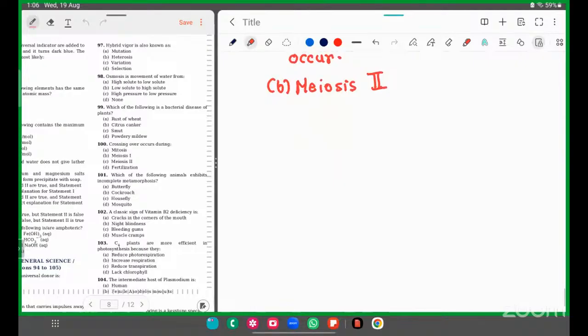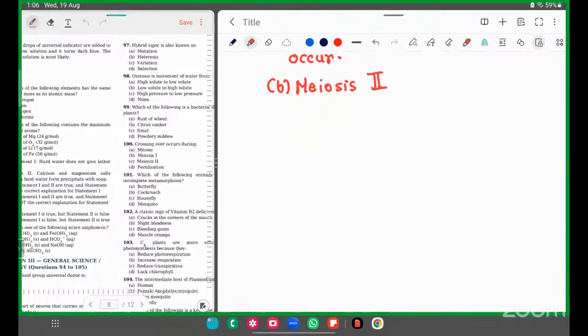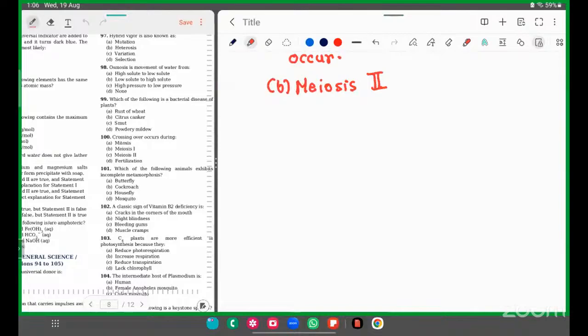Okay, coming to question number 101, which of the following animals exhibits incomplete metamorphosis? Let us first understand what is metamorphosis.